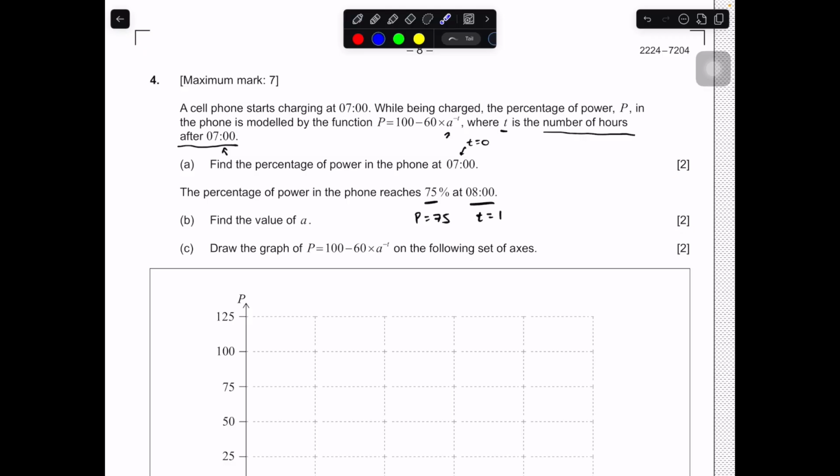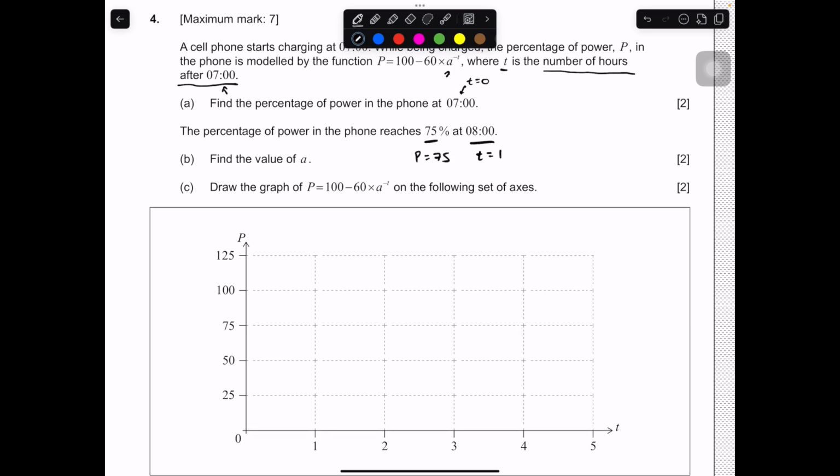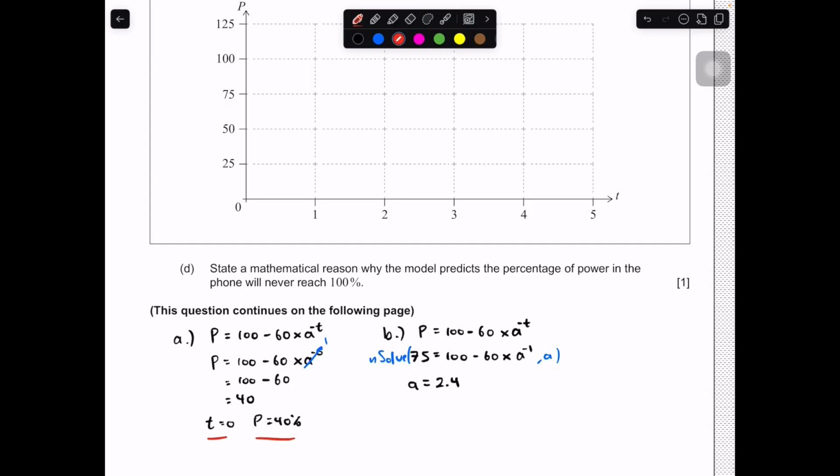Draw the graph of p is equal to 100 minus 60 times a to the negative t on the following set of axes. 2 marks, so we don't have too much time for this in terms of what we can do to make this accurate. We know that t is equal to 0 when p is equal to 40.